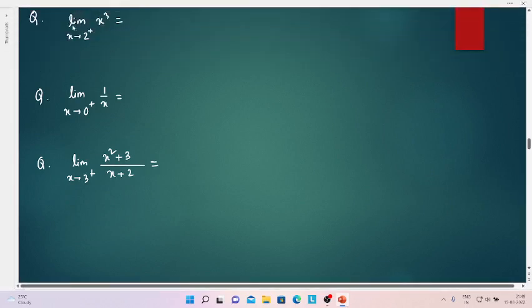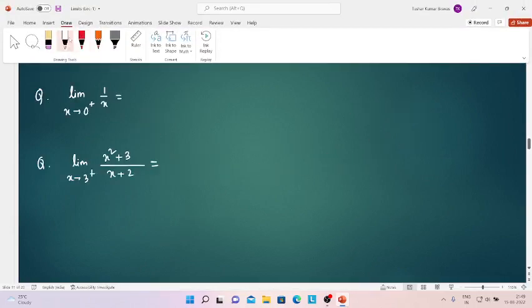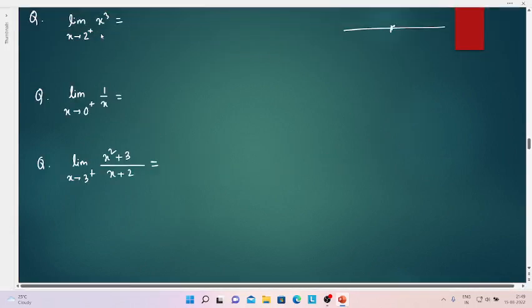Here you can see limit x tends to 2 plus. We have to take a value near 2, closer to 2, but a little bit greater than 2. So you can substitute the value, but you have to use the working rule here. The working rule says you first put x equals a plus h.